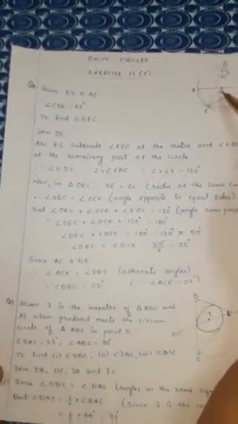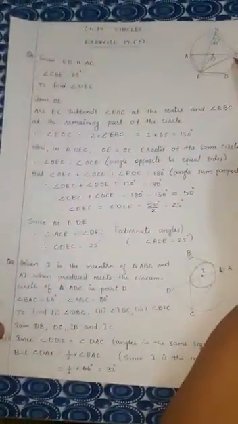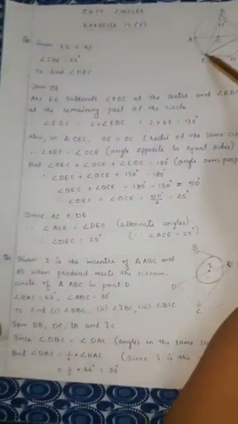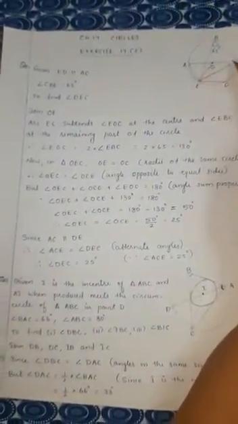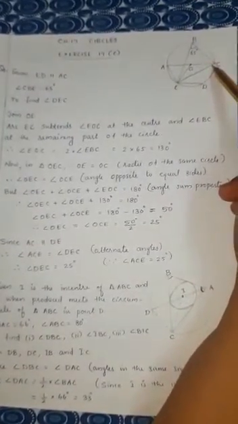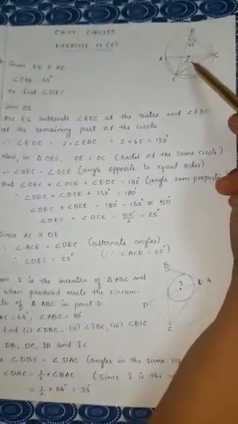But angle OEC plus angle OCE plus angle EOC equal to 180 degree, sum of all angles of a triangle.